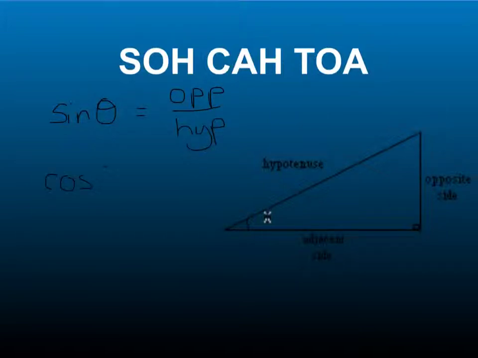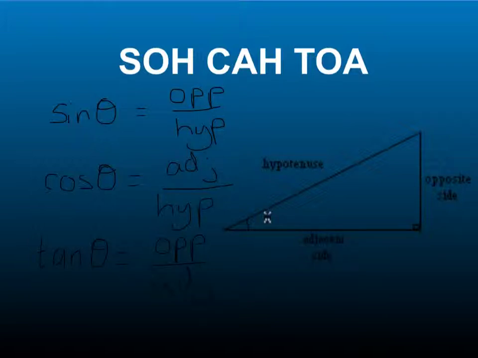Cos of the angle is equal to the adjacent side divided by the hypotenuse. And the tan of the angle is equal to opposite over adjacent.